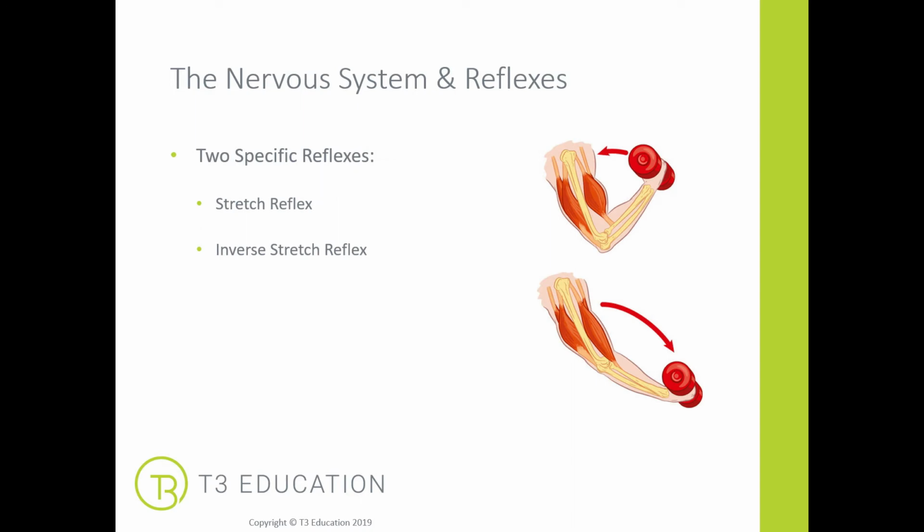So I want to talk about two specific reflexes because I think one of them is used in MET, but the other, and understanding the other one, helps you understand what's going on and how we're leveraging the nervous system. So the first one is the stretch reflex. If, for example, you put your hand out, your elbow's bent, and someone drops something quite heavy, say a heavy book, onto your hand, you would see a jerk response.